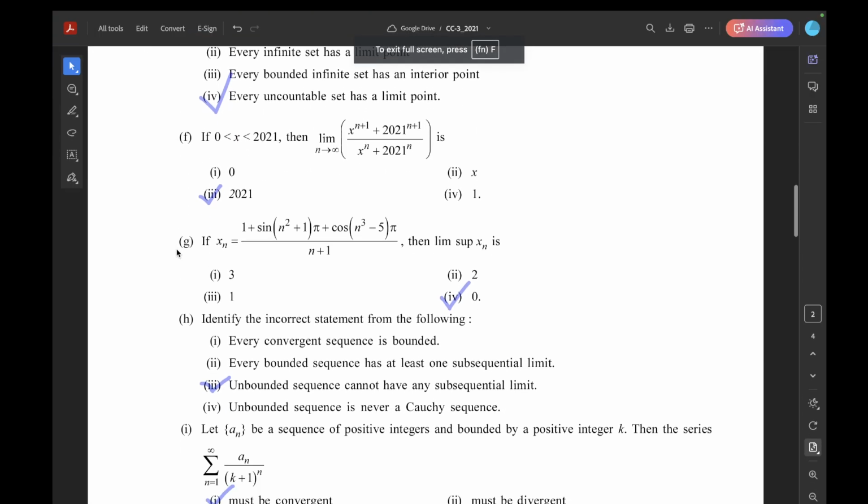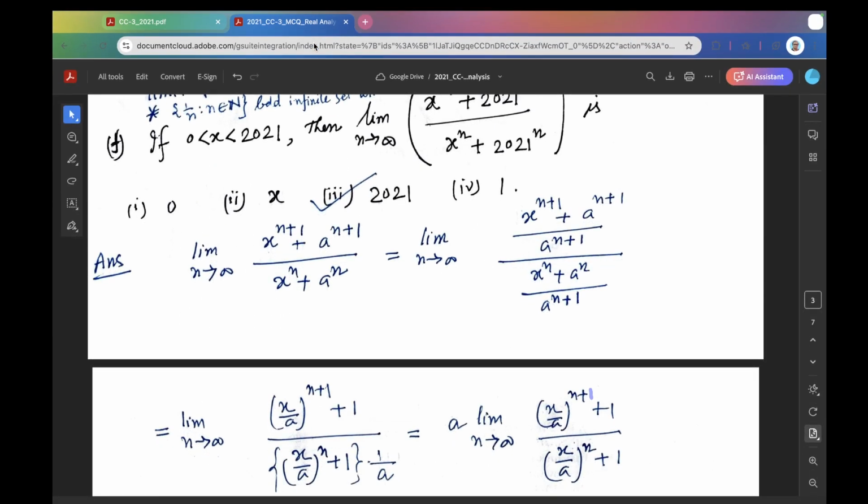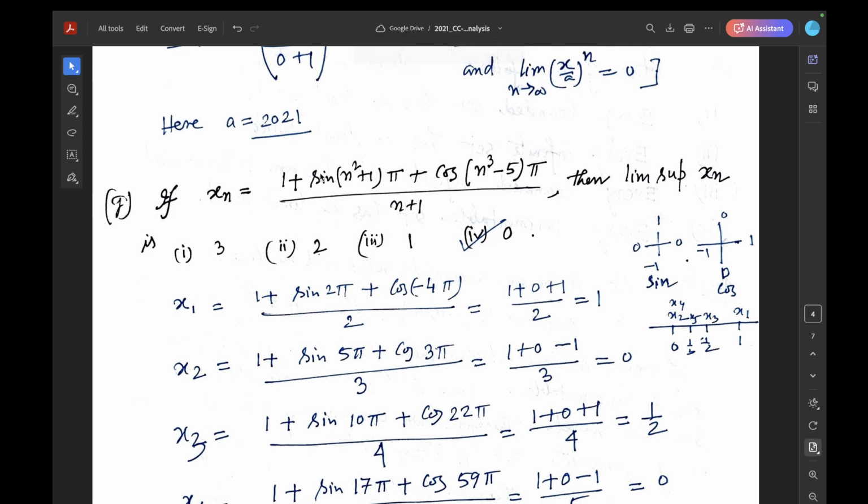Next question G. If x_n equals (1 + sin((n^2+1)π) + cos((n^3-5)π)) divided by (n+1), then the limit supremum of x_n is: the correct option is 4, 0. First we calculate x_1.